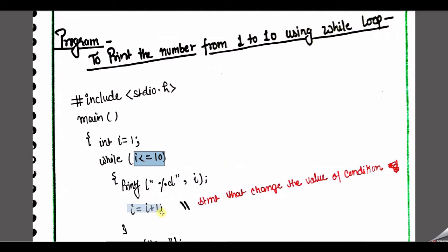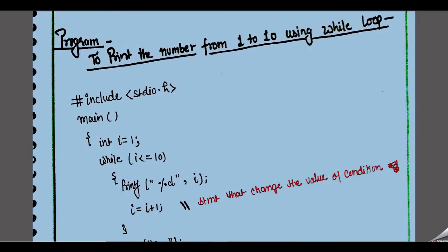And what exactly did we do here? According to our syntax, after the statement we need to mention the most important part: i is equal to i plus 1. If we forget to apply this, what exactly happens? Our loop keeps checking i is equal to 1 only, with i less than or equal to 10.